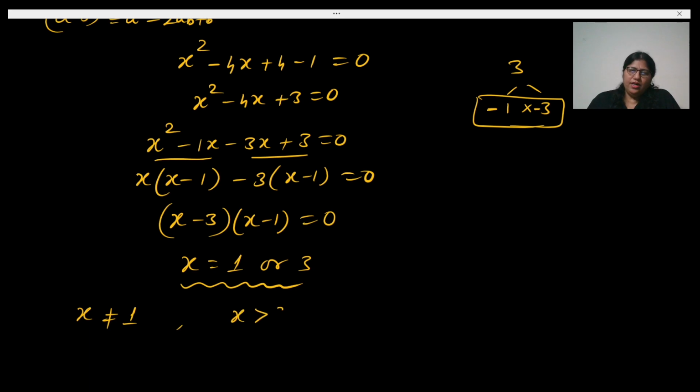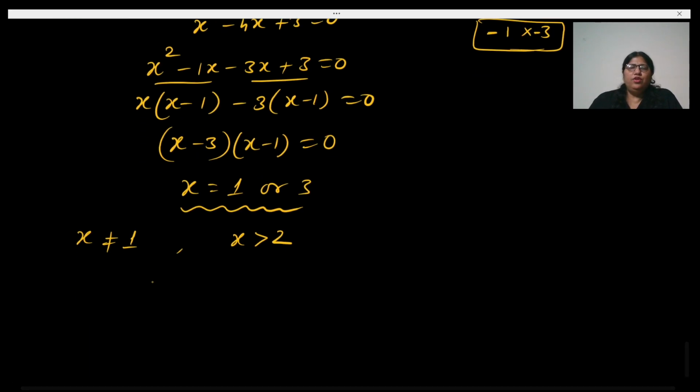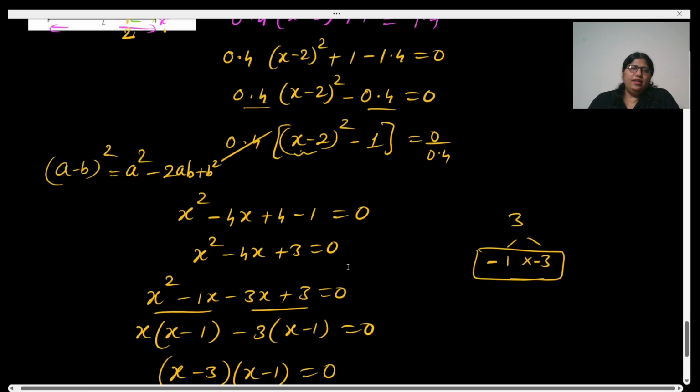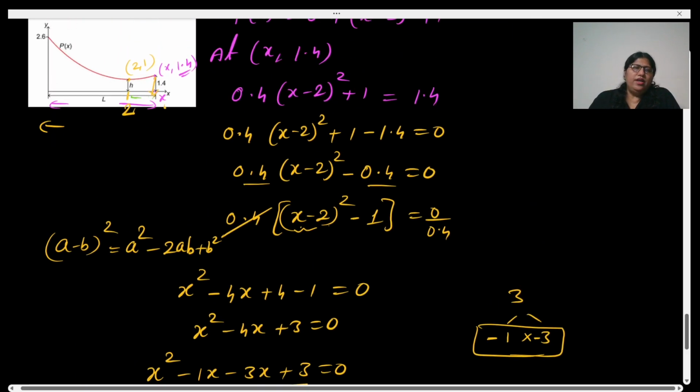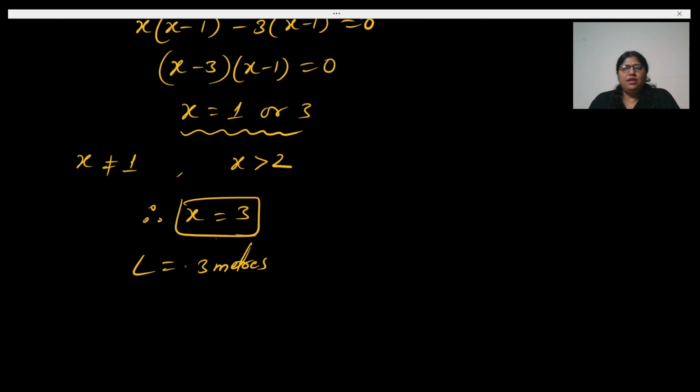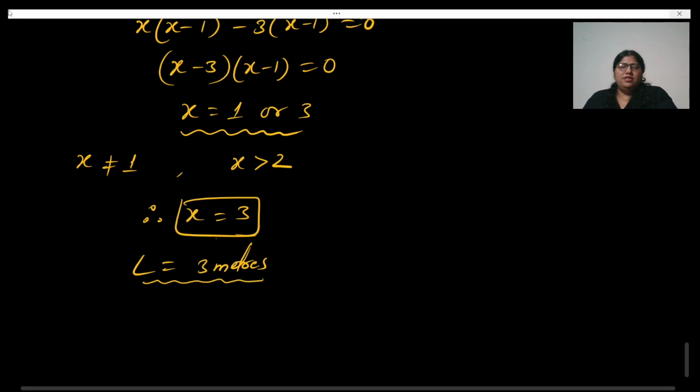So x has to be greater than 2. Therefore you will take x equals 3. Now if x is 3, L is also going to be 3 meters, because the x coordinate in the ramp is the total length from the origin, which is 3 meters. So you are getting L as 3 meters, which is the distance.